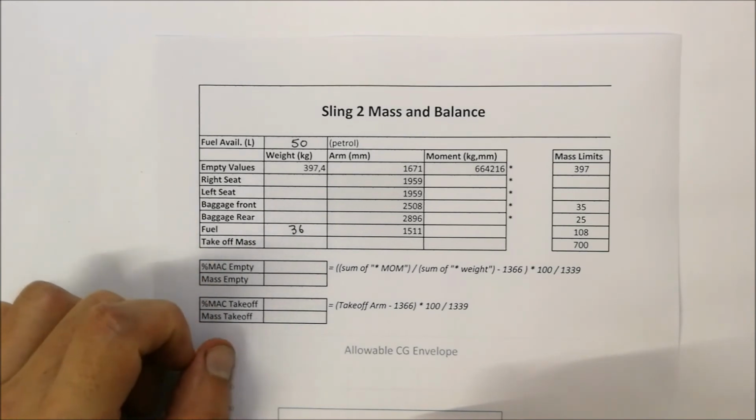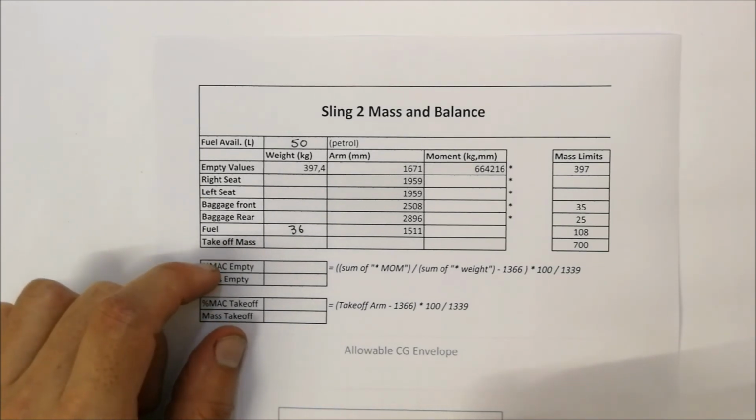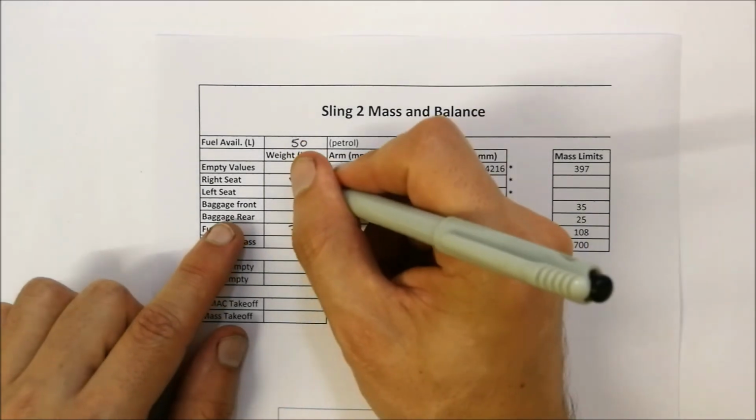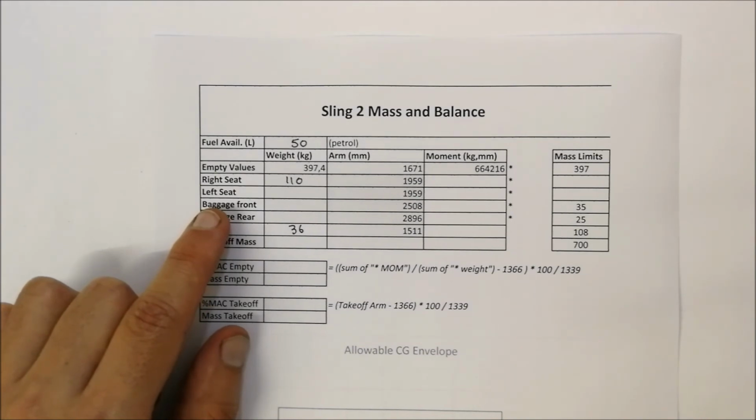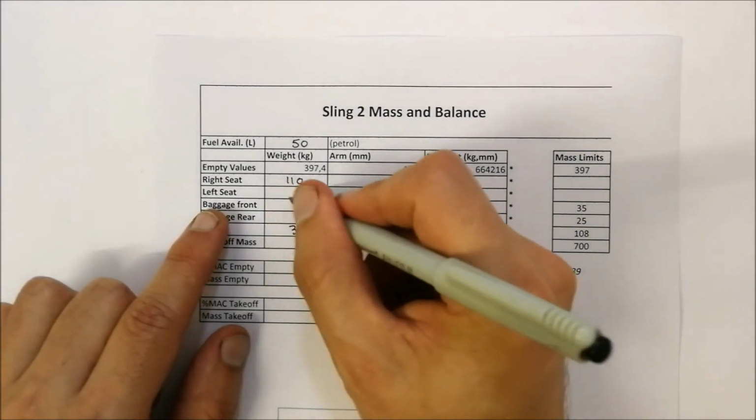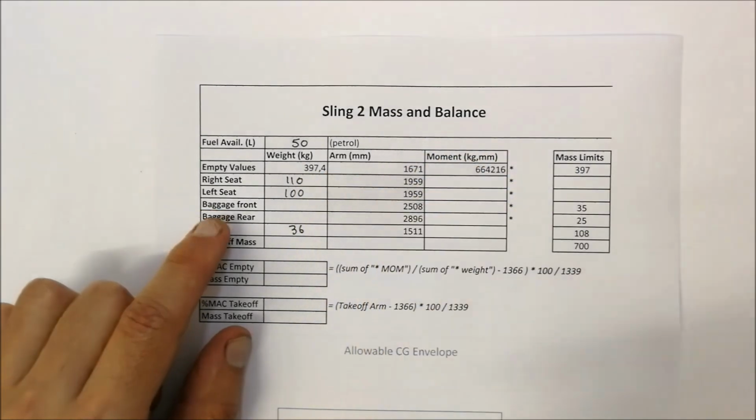Okay, now let's say in the right hand seat you're told that there's a person sitting over there of 110 kgs, and on the left hand seat there's a person sitting over there that's weighing 100 kgs.